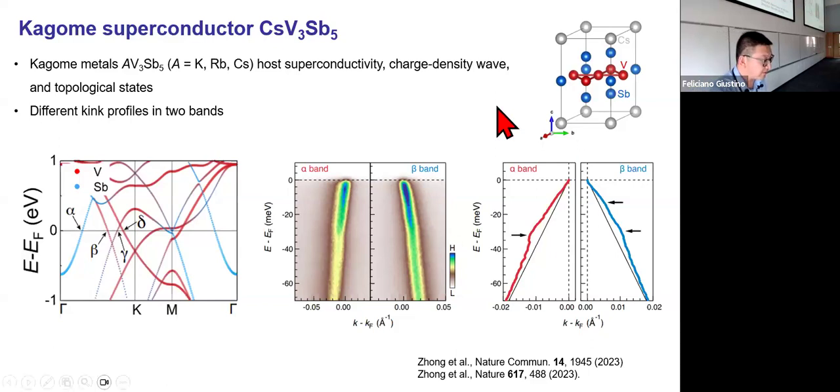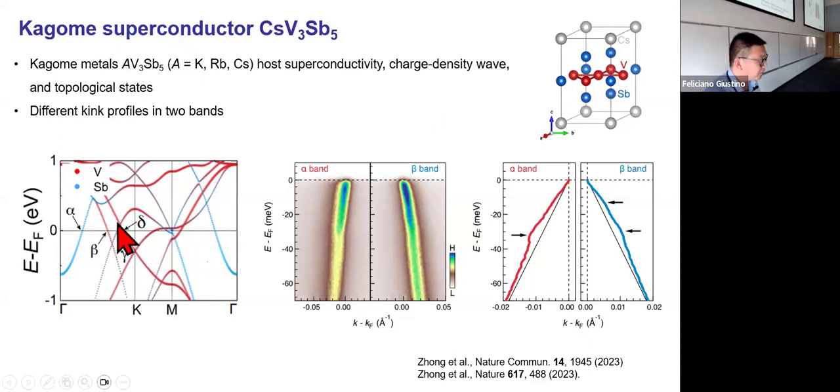Here I quickly give another example, which is a Kagome superconductor. This material has intrigued a lot of interest because it holds a variety of phases. And here we take a quick look at the photoemission spectral function. Its Fermi surface, as you can see, is quite complicated.